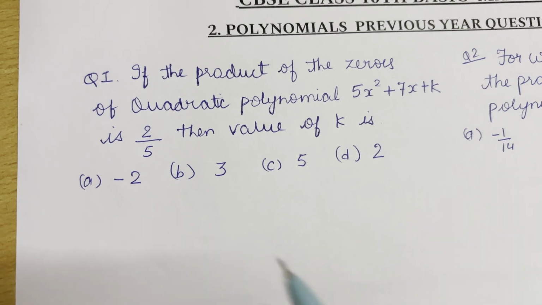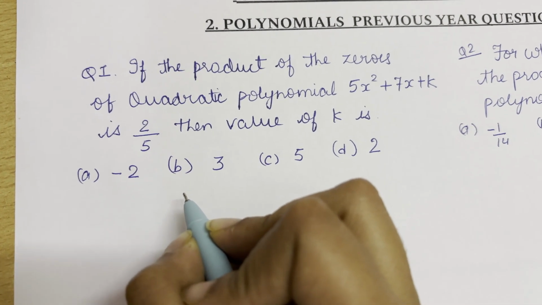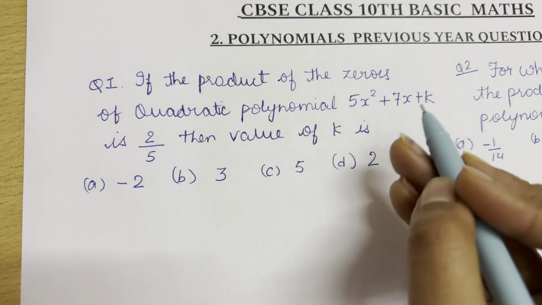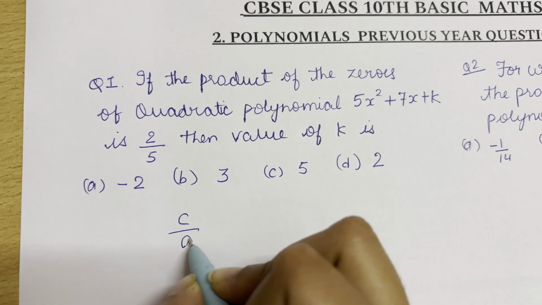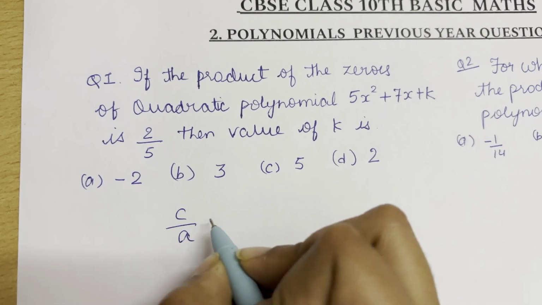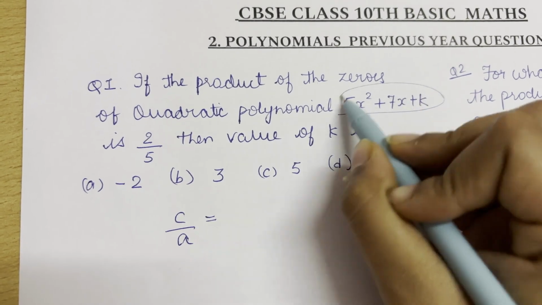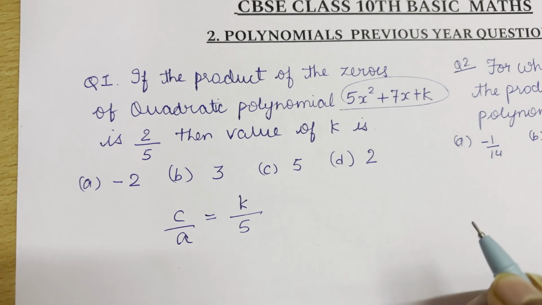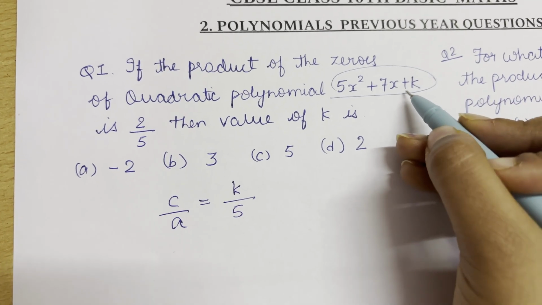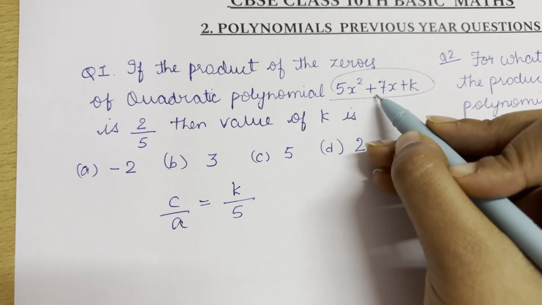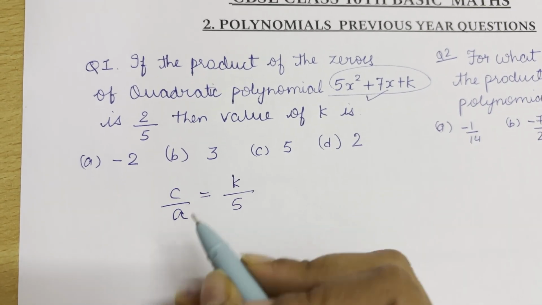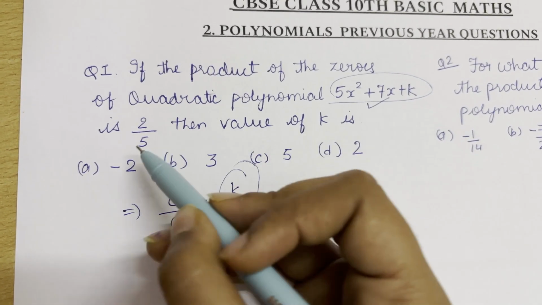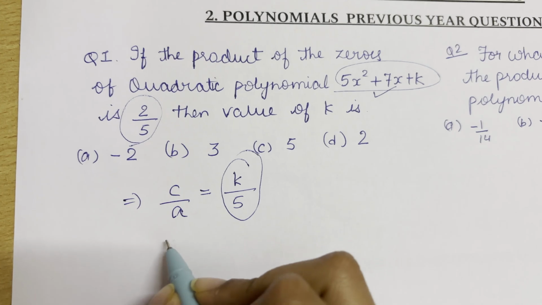So it is given that the product of the zeros is 2 by 5. We know that the product of zeros of the polynomial is c by a. Here, from the given polynomial, c is k and a is 5, and it is given that this value is equal to 2 by 5.